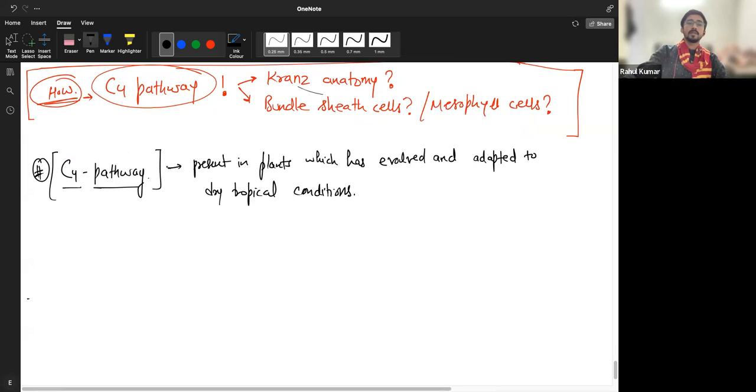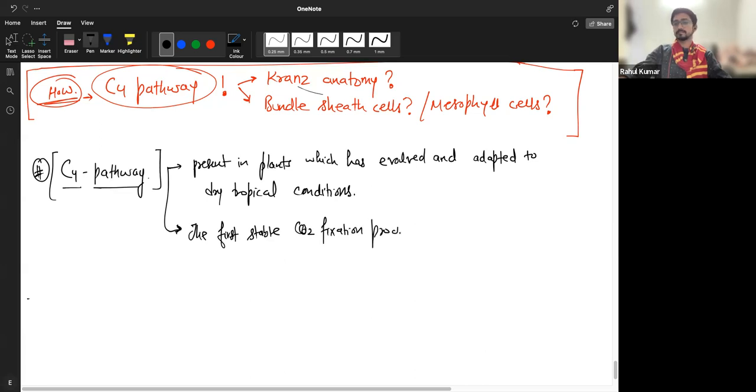Another thing is, in these plants, as Devangi also mentioned, the first stable CO2 fixation product is, what is it?